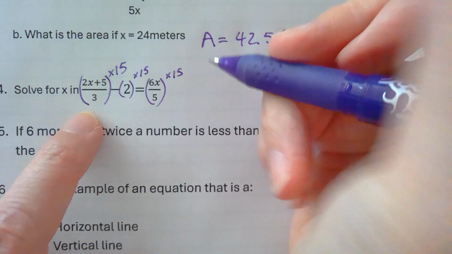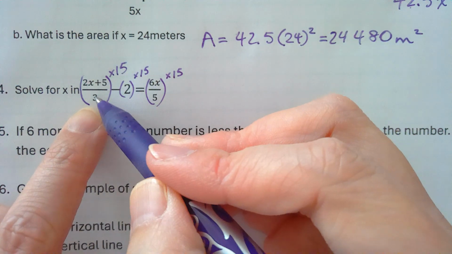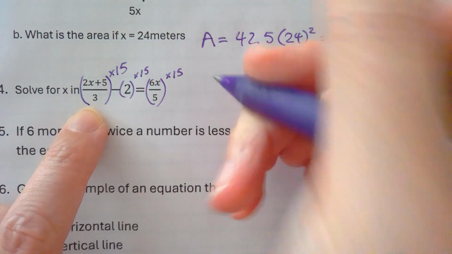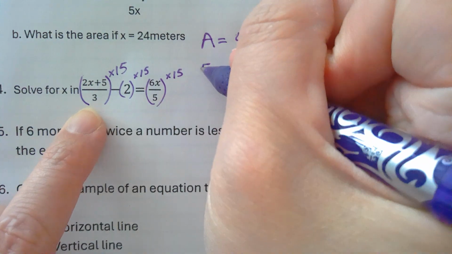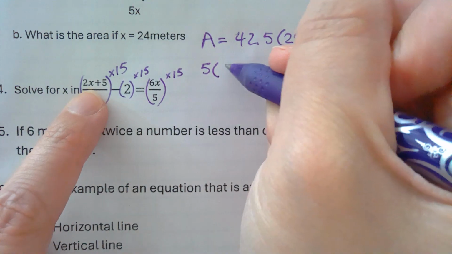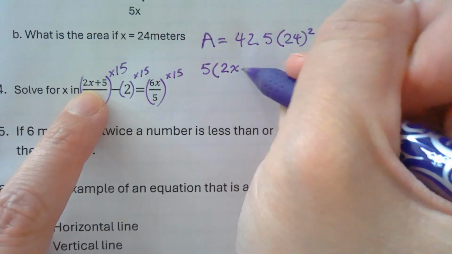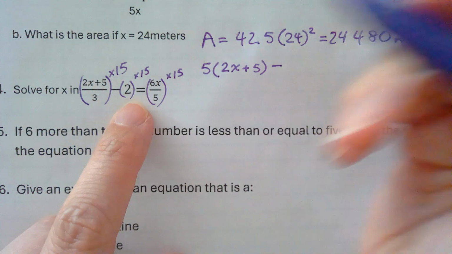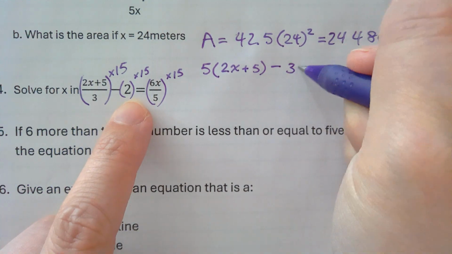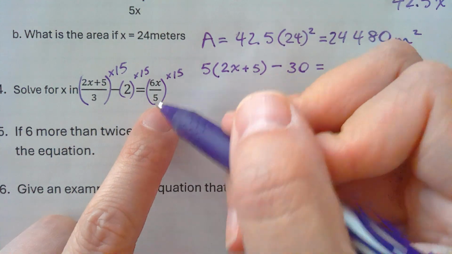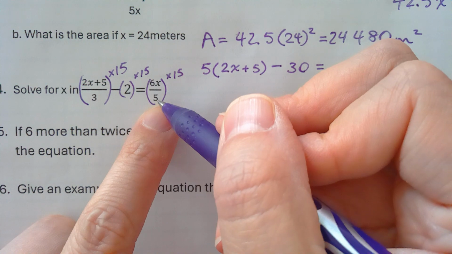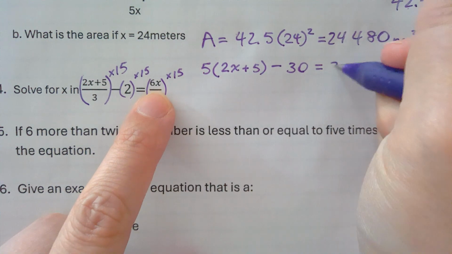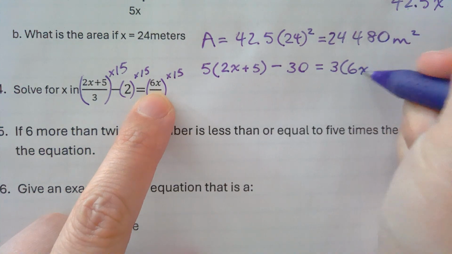Okay, so 15 divided by 3. Gavin? 5. Okay, so I have to 5 times my numerator, minus 15 times 2, 30. 15 divided by 5, 3 times my numerator.